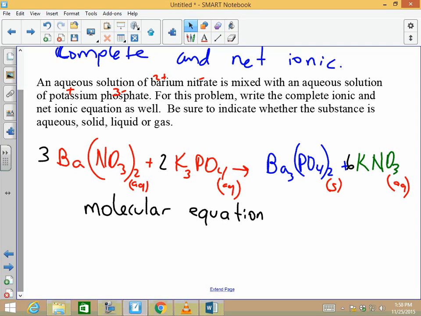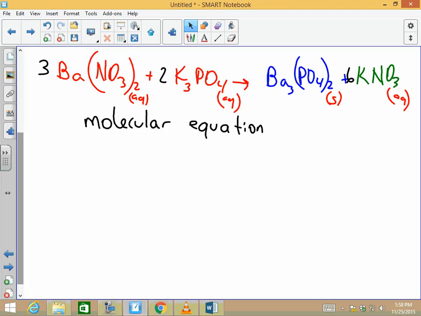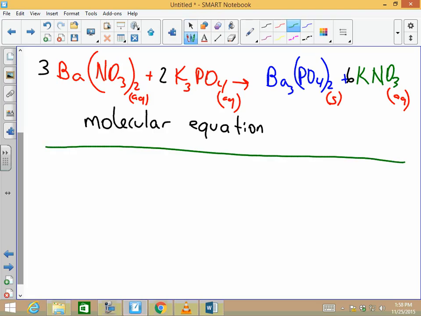Now let's do the complete ionic. The complete ionic is going to give me a breakdown of everything. I have barium is 3, I need to give the charge, which is +2. Sorry, it is aqueous. Adding that with 2 nitrates.